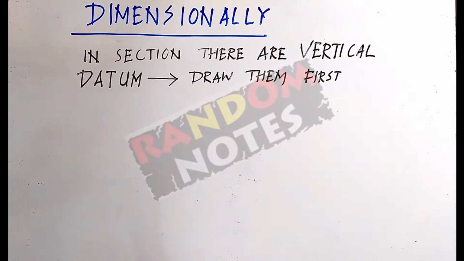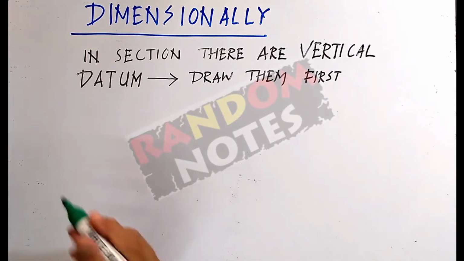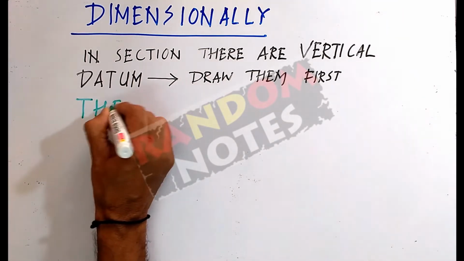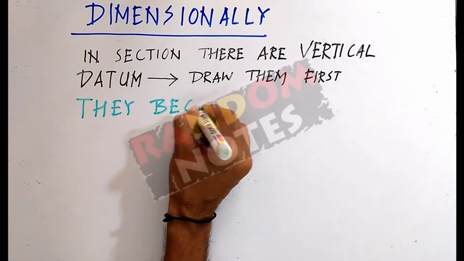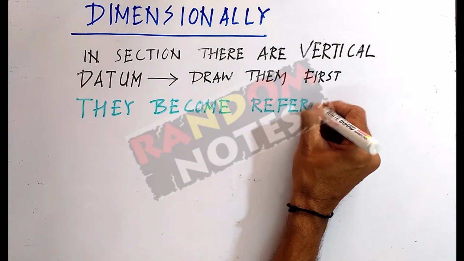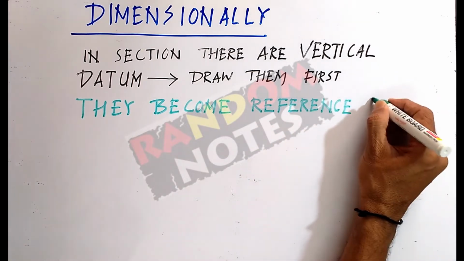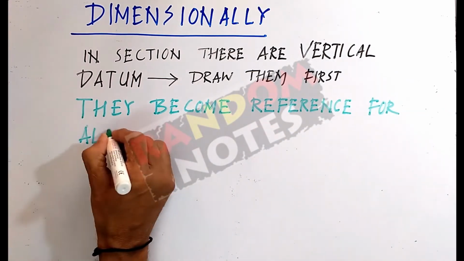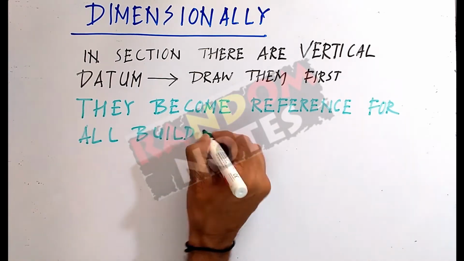First, you should draw these datum as horizontal lines. Then you can build the section around them. These are important references or levels.